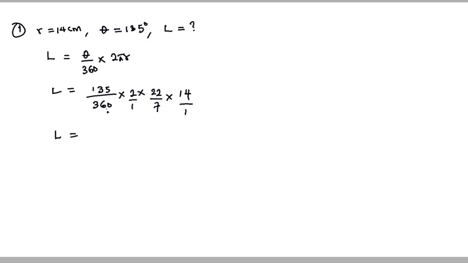So I'll have 135 on the calculator times 2 times 22 times 14. 135 times 2 times 22 times 14 should give us 83160, all over 360 times 1 times 7 times 1, which is 2520.